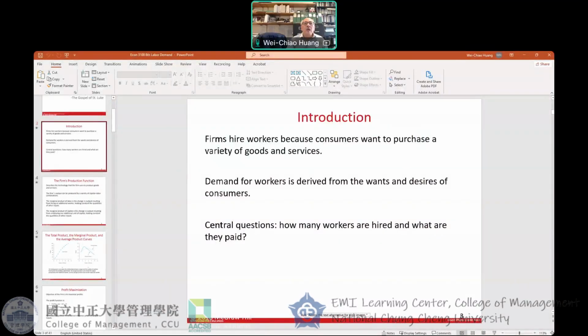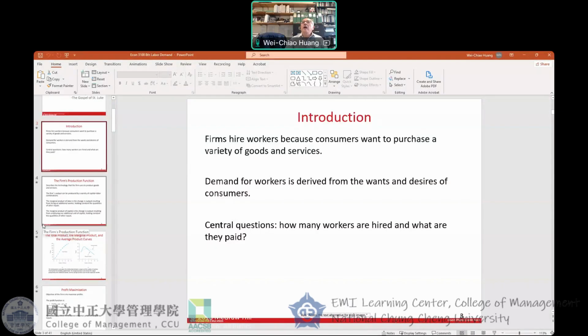All right, hopefully I'm not sharing with you this one. All right, this chapter is about labor demand theory, and in class we have, let's see, share. There we go. I think we got it.